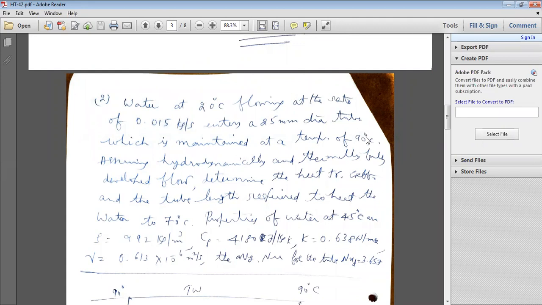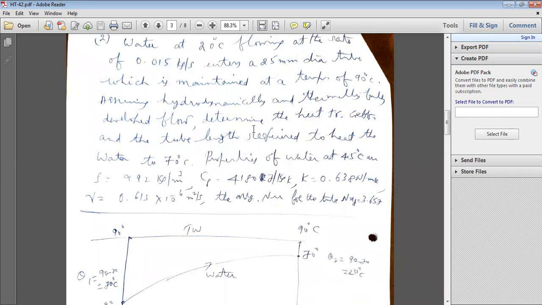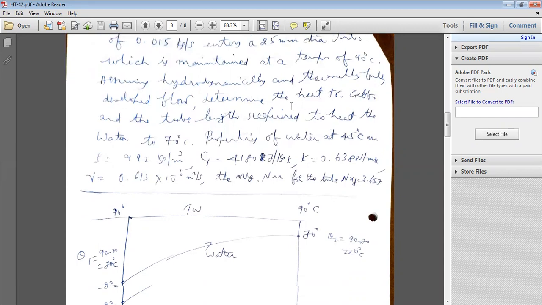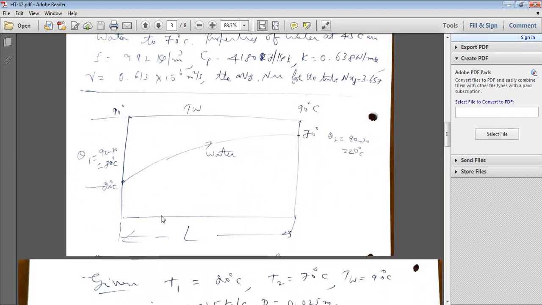So wall temperature, constant wall temperature, 90 degrees centigrade. And assuming the flow is fully developed, both hydrodynamically as well as thermally. What you have to calculate? You have to calculate the heat transfer coefficient H for this condition, and you have to calculate the tube length. What is the length of the tube?